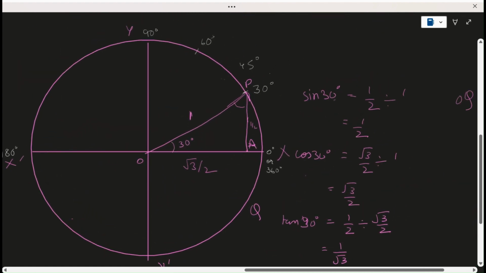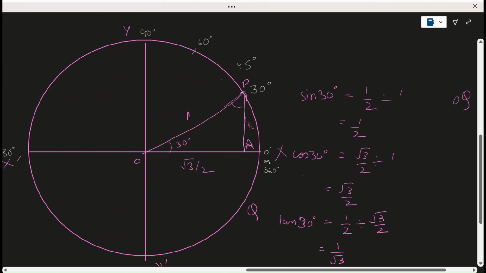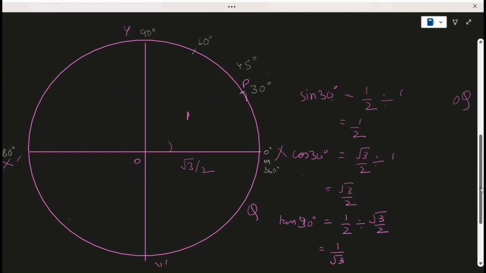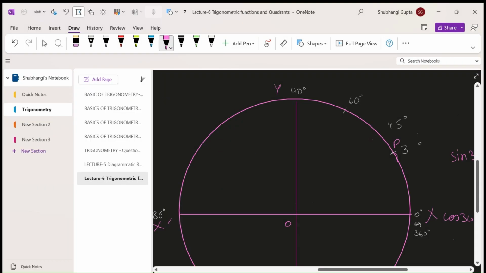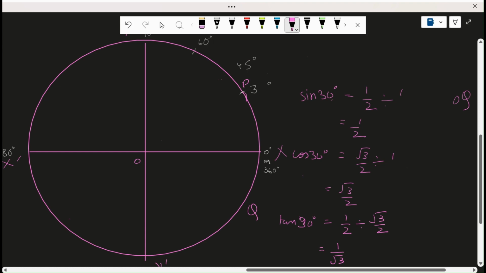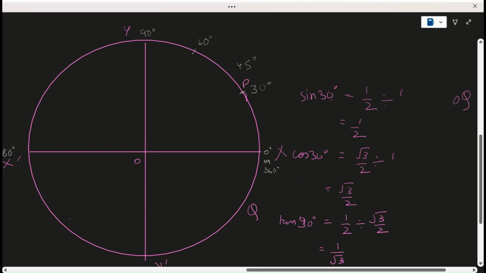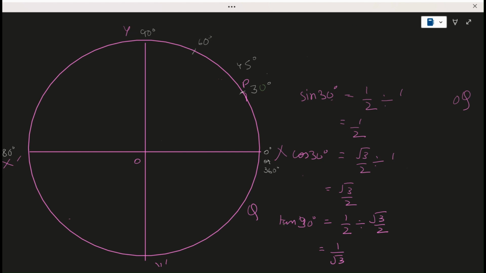Let us now see the values for 60 degree. Let me remove the unrequired part.